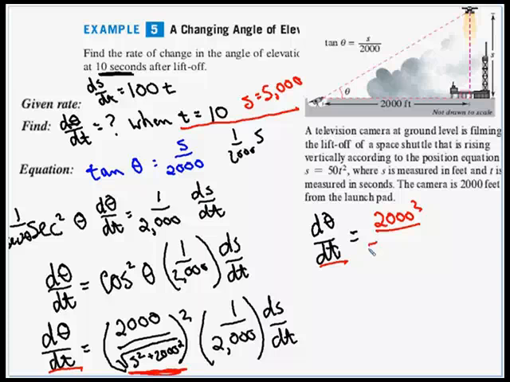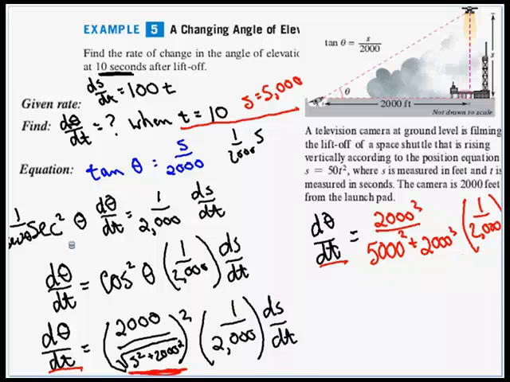And now we know that s is 5,000, so 5,000 squared plus 2,000 squared. We still have this 1/2000th, and then on the end of this, we tack on ds dt.